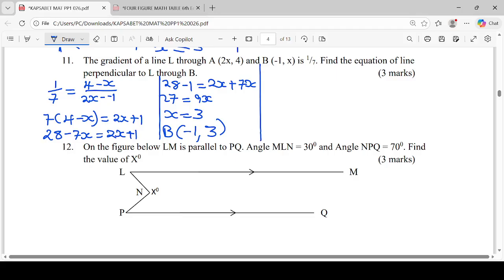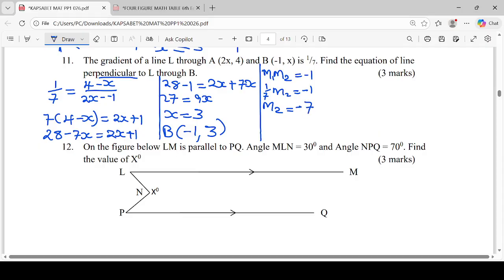And because we want now to find the equation of the line perpendicular to that, remember, for perpendicular lines, m1 m2 is equal to negative 1. So m1 is 1 over 7, m1 m2 is equal to negative 1, then it means m2, that's the second gradient, is equal to negative 7.